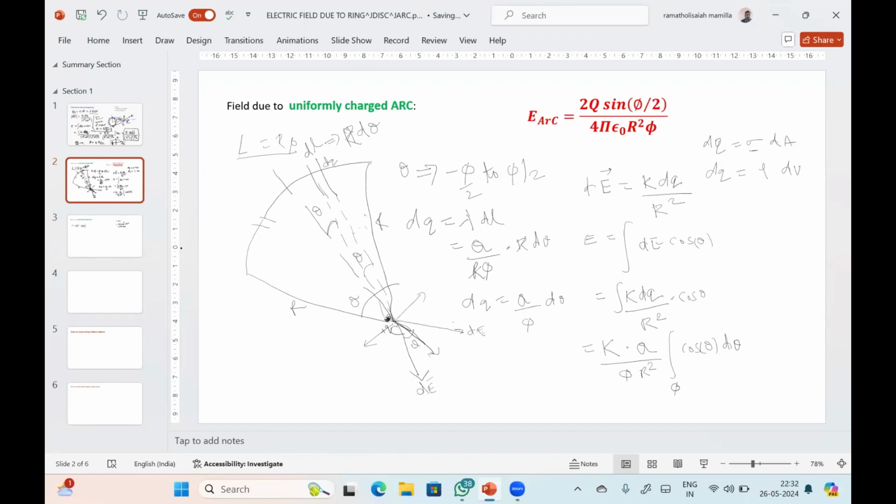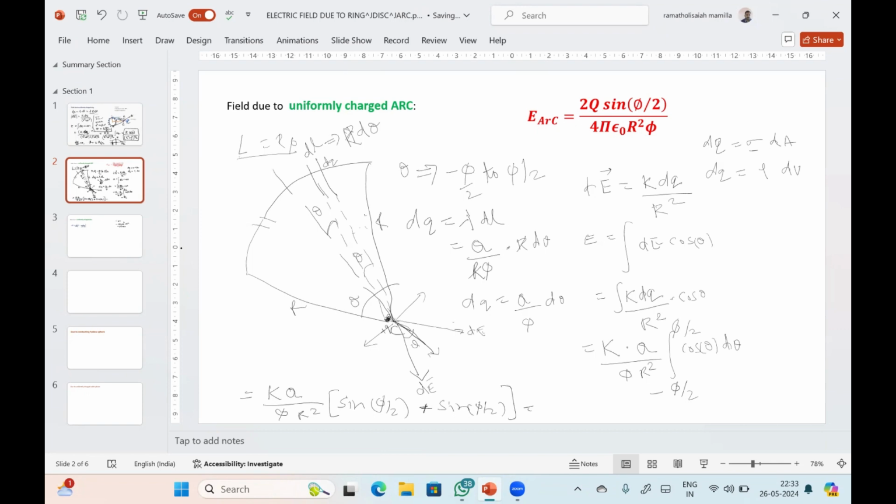Here the lower limit is minus pi by 2 and the upper limit is pi by 2. After integrating cos theta we get sin theta. So that is equal to kq by phi r square into sin of pi by 2 minus sin of minus pi by 2, therefore minus into minus gives plus sin pi by 2.